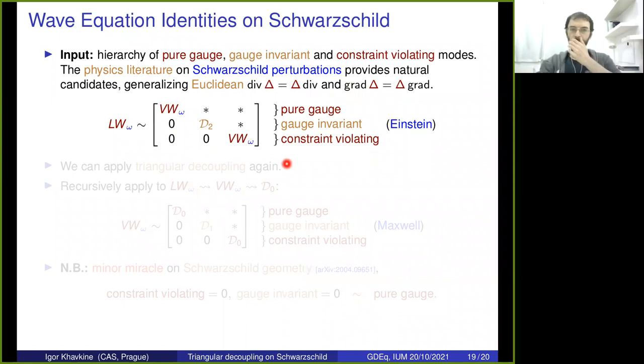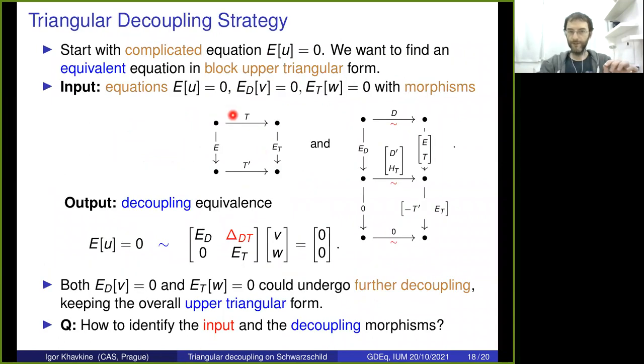Okay, so it turns out that when you use these gauge invariant, constraint violating, and pure gauge degrees of freedom, you obtain precisely this kind of input data, right? Up to inverting these transformations, right?